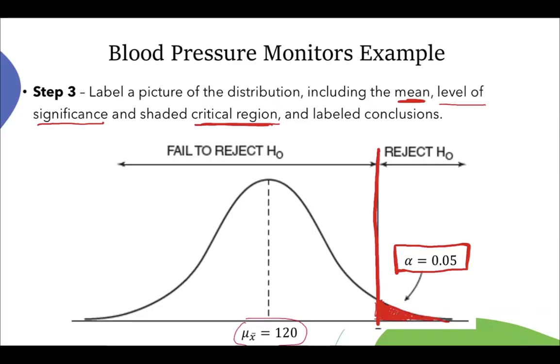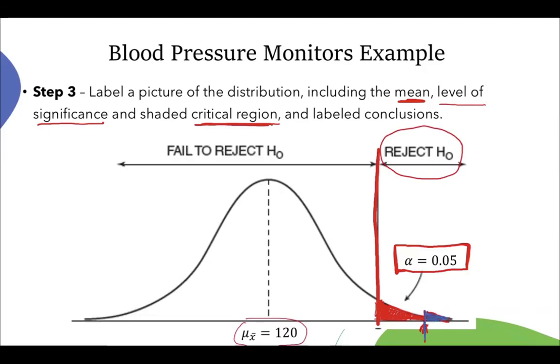Any sample result that falls in that critical region is going to end up with a conclusion to reject the null hypothesis. Because if it falls in this critical region, that means that the p-value, the probability of the event happening, let's say I had an X bar that falls right here.